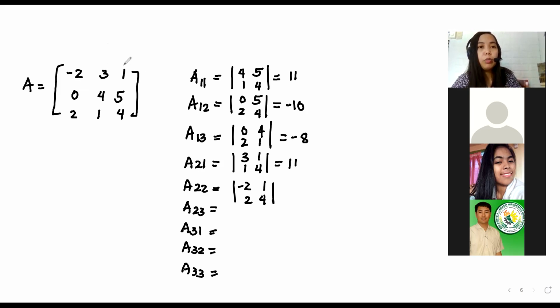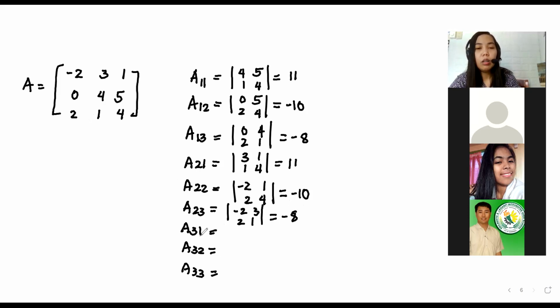Again, double check. Negative 2 times 4, negative 8, minus 2, negative 10. 2,3: negative 2, 3, 2, 1. Negative 2 minus 6, negative 8.